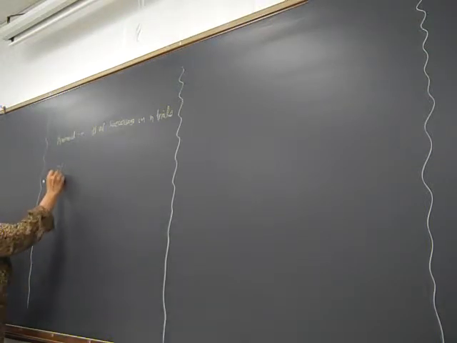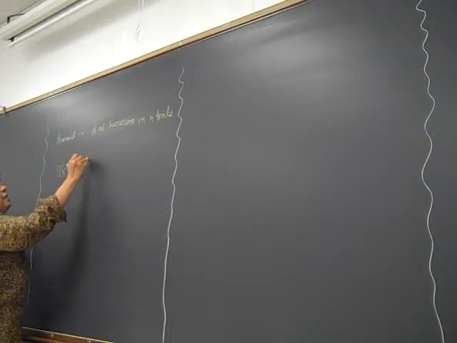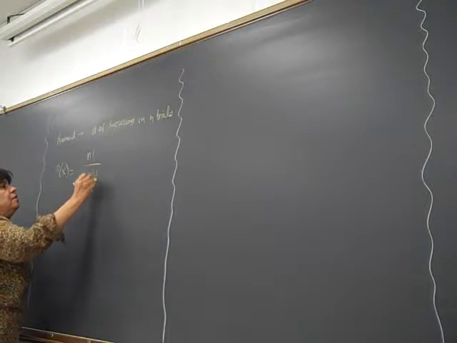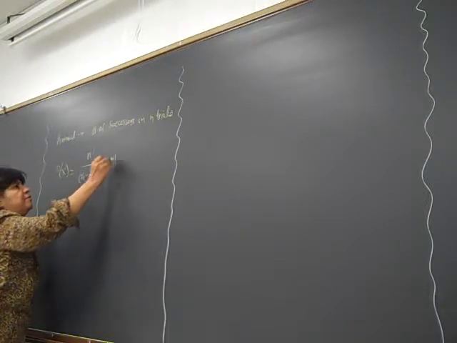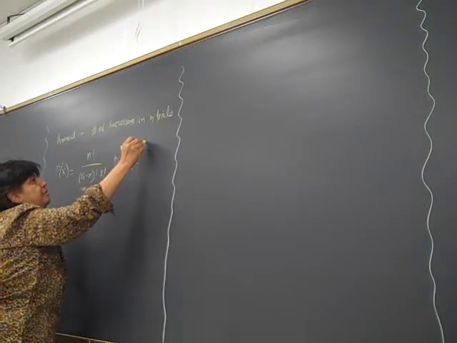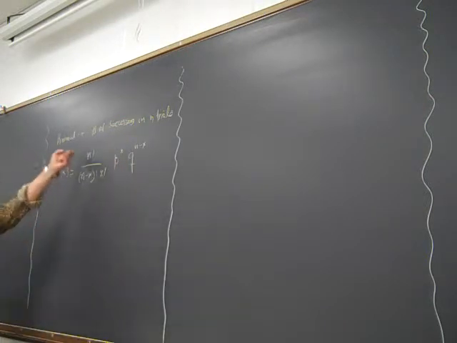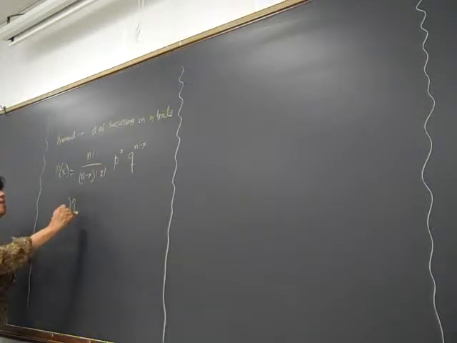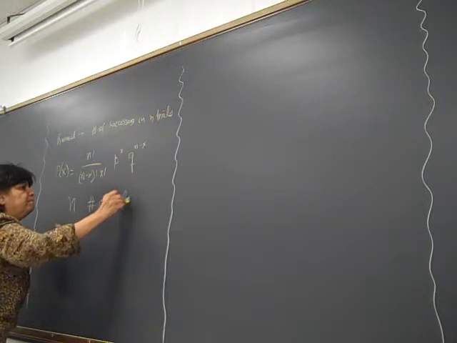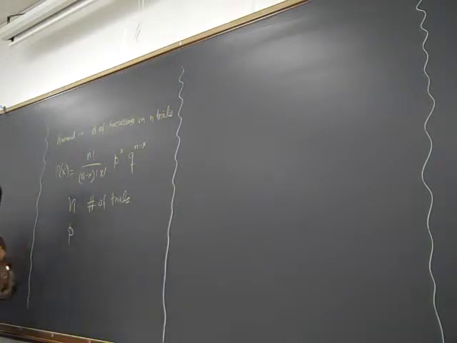The probability of x is equal to n factorial divided by (n minus x) factorial times x factorial, times p to the power of x times q to the power of n minus x. So, in the binomial distribution, we have two parameters. n, that is the number of trials, and p, that is the probability of success in each one of these steps or trials.